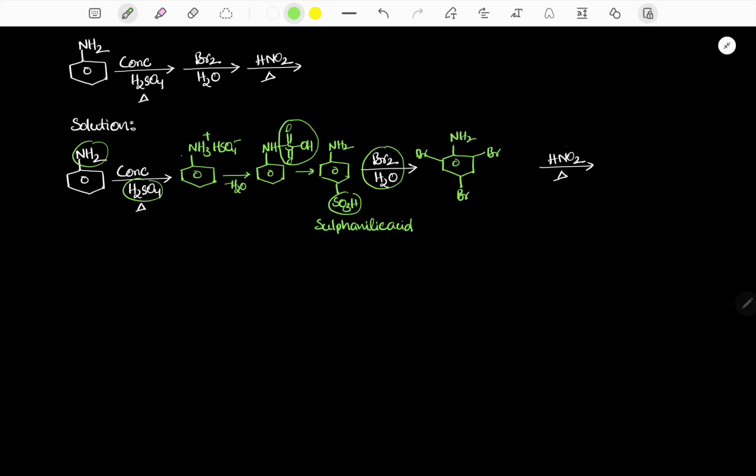Now it is treated with HNO2 and heat is given. In the presence of HNO2, it produces the electrophile NO plus. Now NH2 reacts with NO plus. This reaction is known as diazotization. Therefore, the corresponding product is NH2 converted to N2 plus.